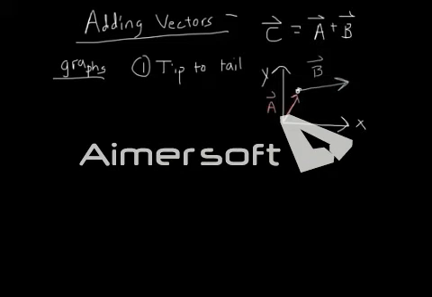I use the tip to tail method. I take the tip of vector A and stick the tail of vector B on that, draw my vector B, and I end up with some final vector, some resulting vector, that is the combination of those two. That's going to be my resultant vector C from adding my vectors together in the tip to tail method.